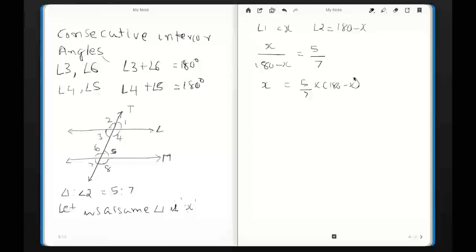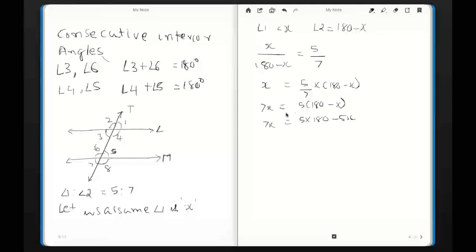It very clearly explains how we do that. Then I want to remove this 7 from the denominator, so I multiply both sides by 7, so it becomes 7x equal to 5 into 180 minus x, which basically means 5 into 180 minus 5x is 7x.